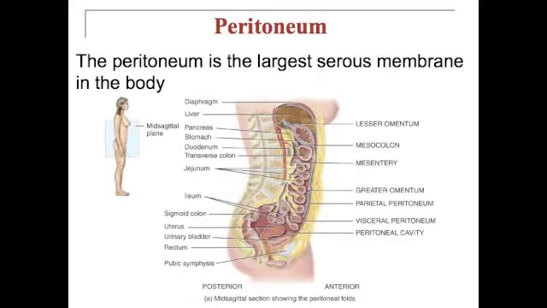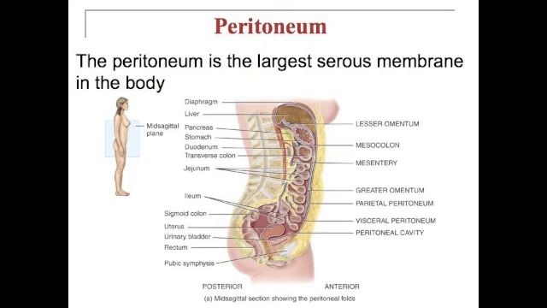And this is figure 24.5 on page 947. And this shows the peritoneum. The peritoneum is the largest serous membrane in the body. The peritoneum consists of a layer of simple squamous epithelium with an underlying supporting layer of areolar connective tissue.